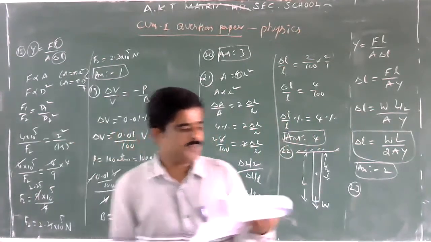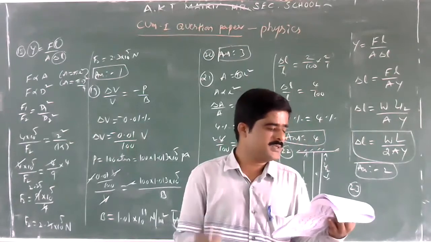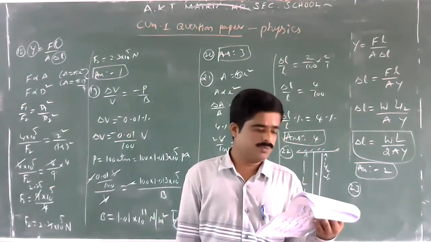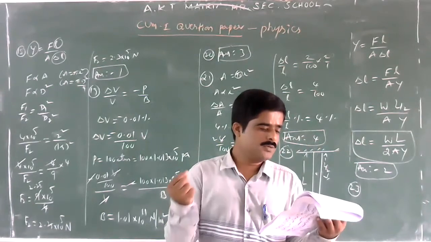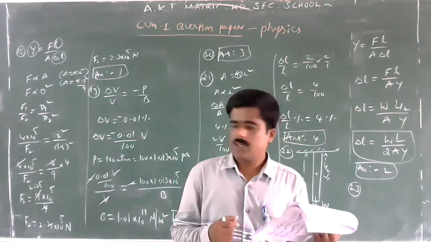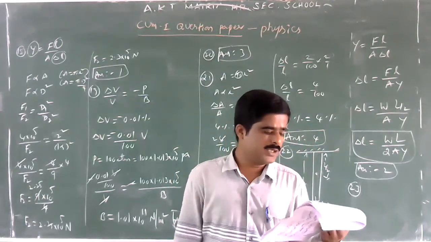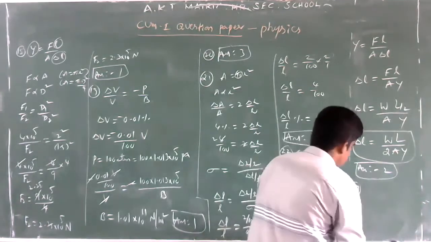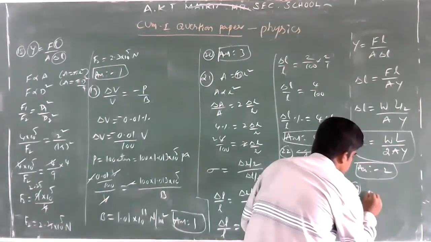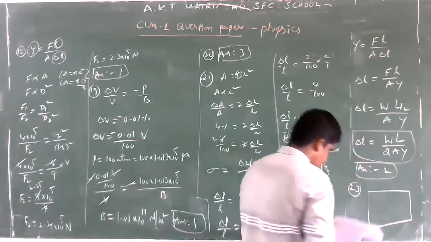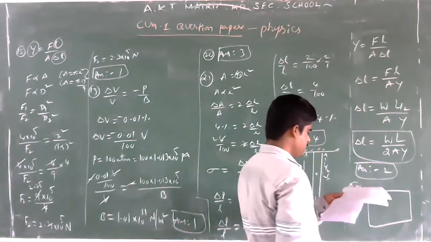A steel plate of face area 1 cm square and thickness 4 cm is fixed rigidly at the lower surface. A tangential force F equal to 10 kN is applied. This is a steel plate.